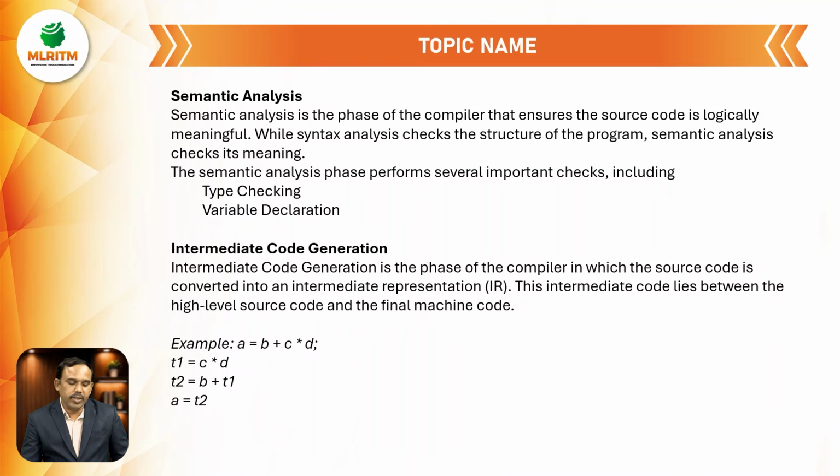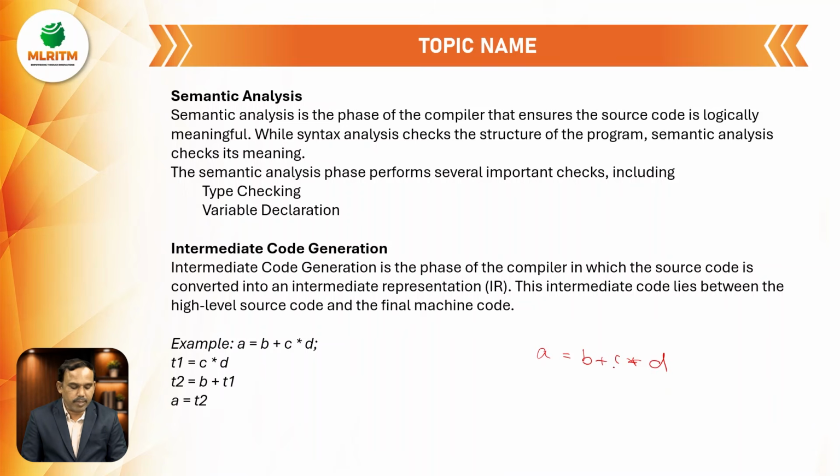Coming to the fourth phase, which is intermediate code generation. Intermediate code generation is the phase of the compiler in which the source code is converted into an intermediate representation. This intermediate code lies between the high level source code and the final machine code. So see the example: a equal to b plus c multiplication d.